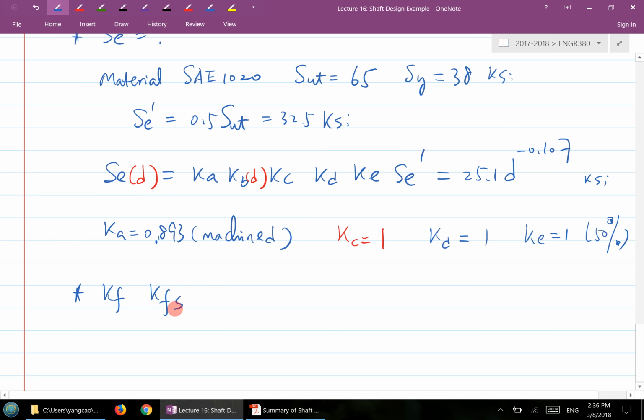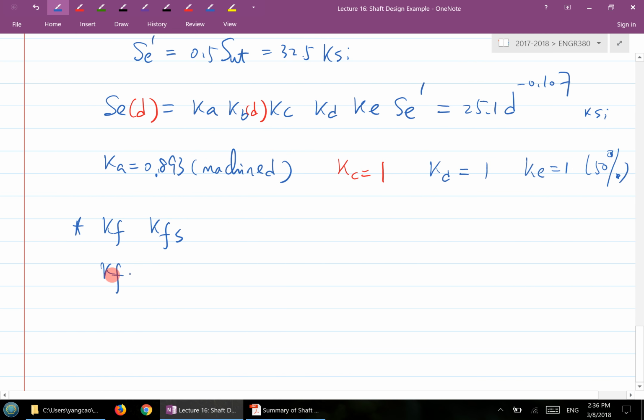To calculate Kf, the formula is 1 plus q times (Kt minus 1), where q is a function of the fillet radius.